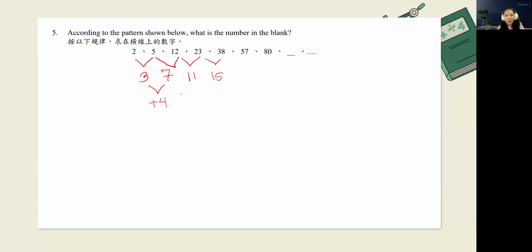All right. So this one right here, you can also see a pattern between the differences is that we're constantly adding 4 to it. So that means we're just going to add another 4 here. So it's 19 that's being added here. Add another 4, it would be 23 being added here, and then add another 4 to 23.